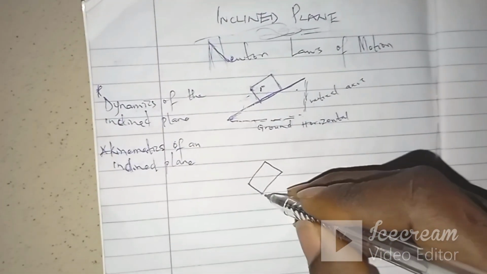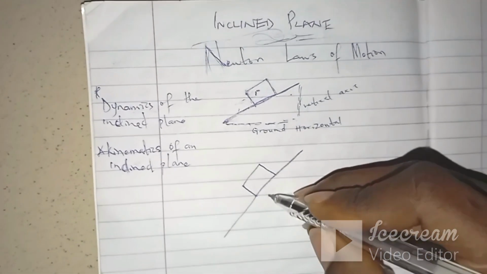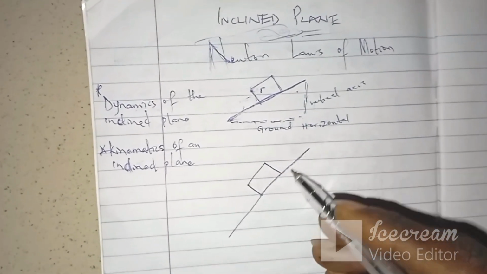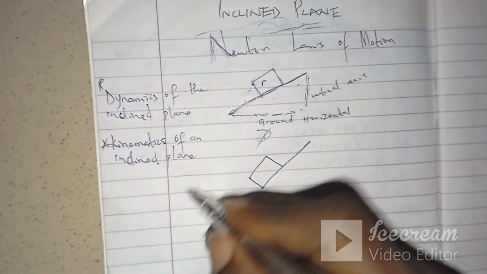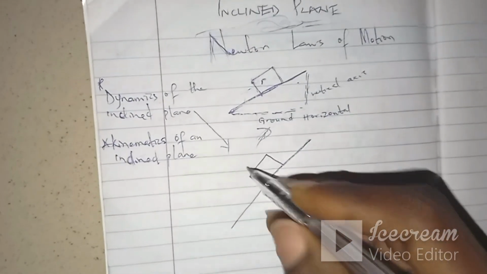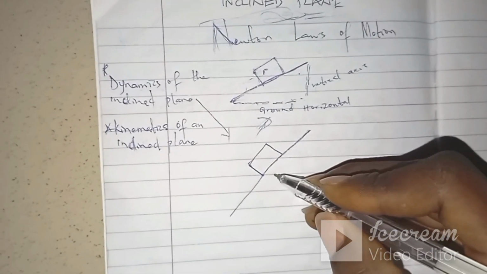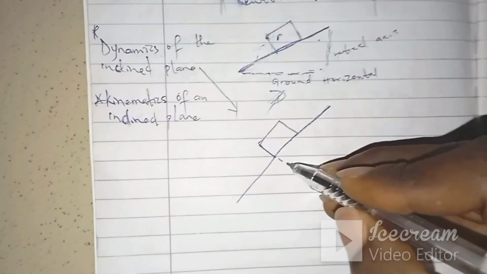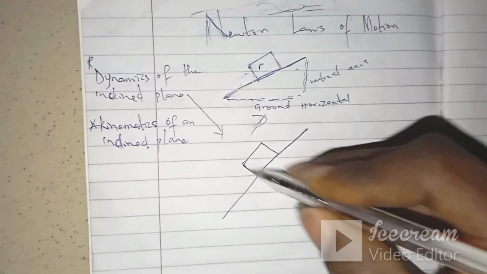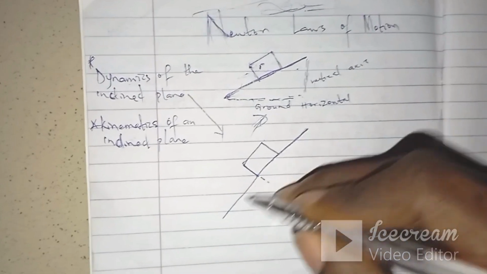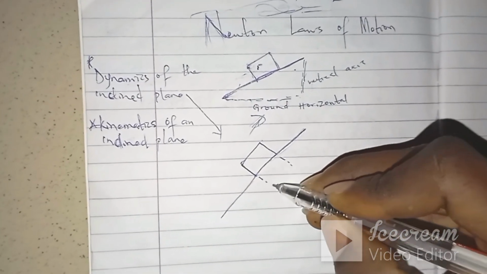Now if I have this to be inclined, when I'm considering the dynamics, this object has weight acting on it. Let's say the weight of this object, as it is on this plane, is exerting weight on this object.